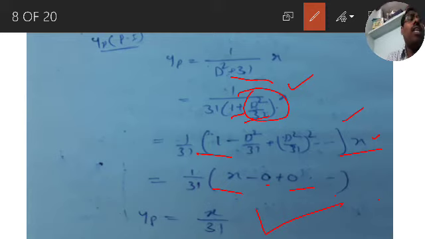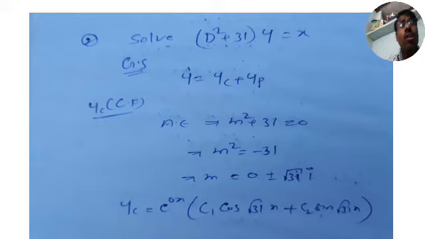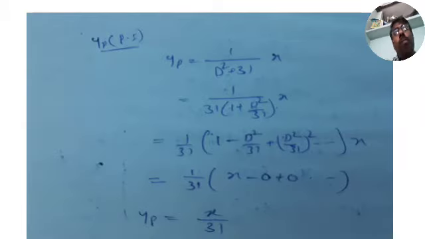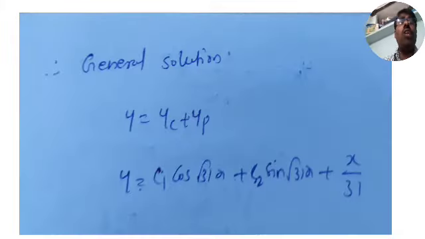So we got yc in the previous slide: c1 cos root 31x plus c2 sin root 31x, because e power of 0x is 1. Now yp is x by 31. Now we have yc and yp. Then what is the general solution? The general solution is yc plus yp.